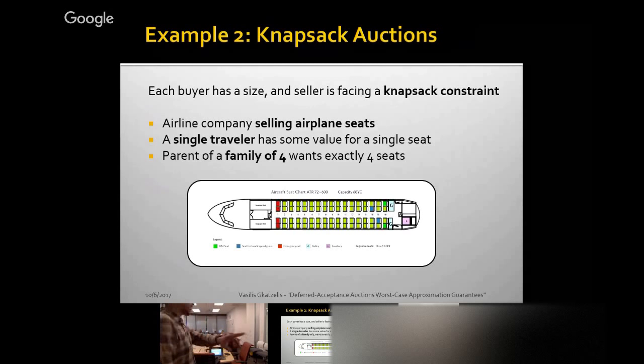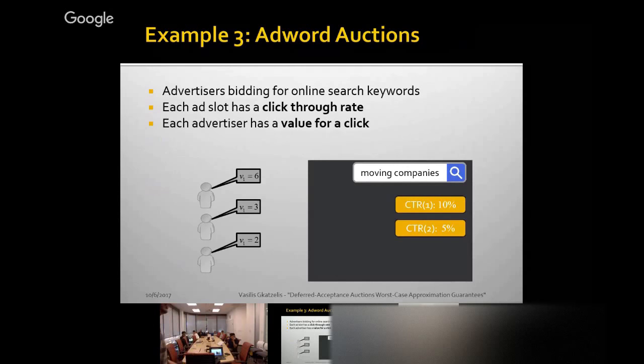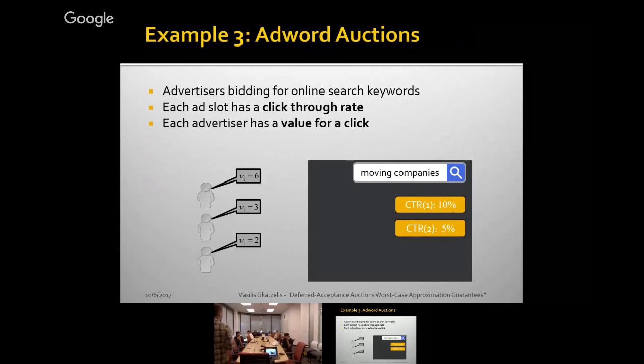And both of these examples have this property that they're binary in the sense that you can either accept someone or reject them. You can either give them the service or give them no service. So an important distinction we're going to be making in this talk is about that. And an example which I know many of you have close to your heart is AdWord auctions, a third example where that is not true. So it's not binary.